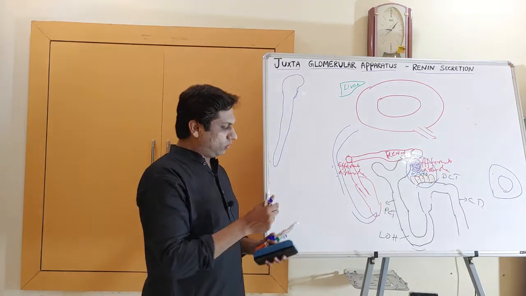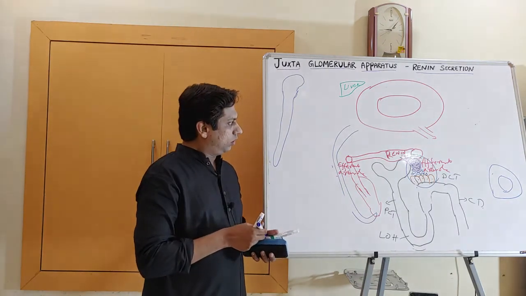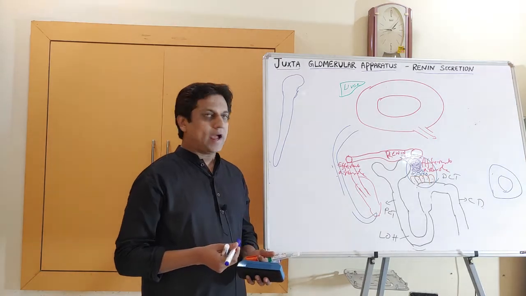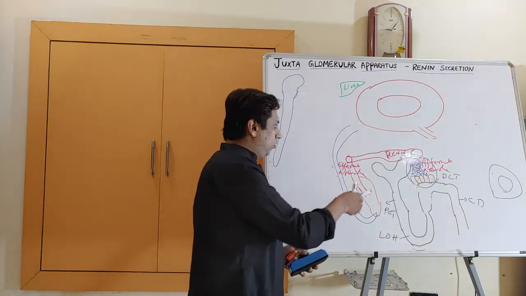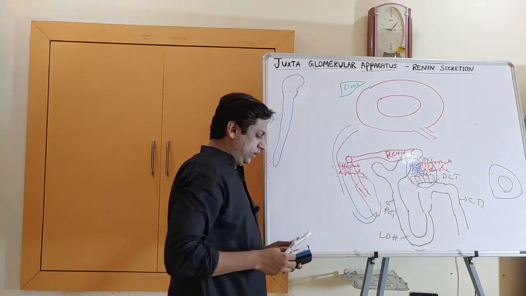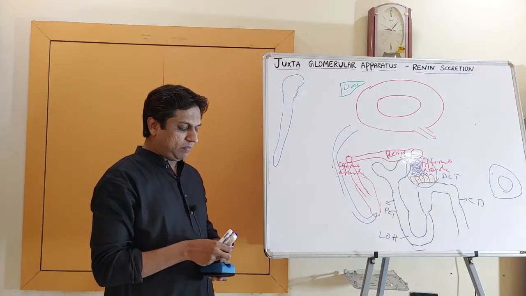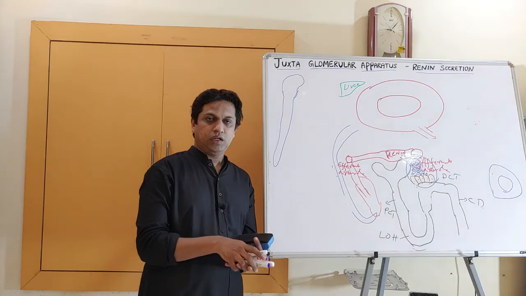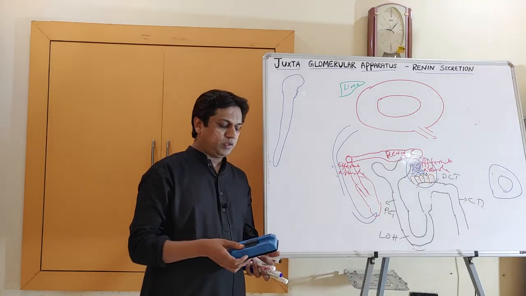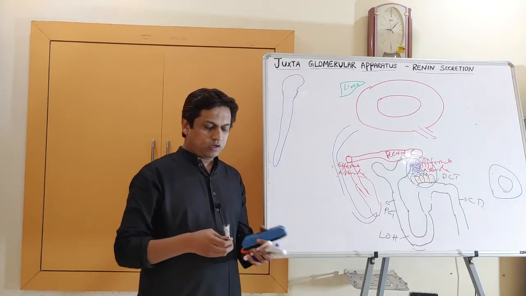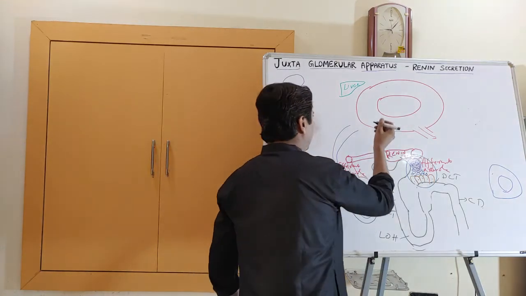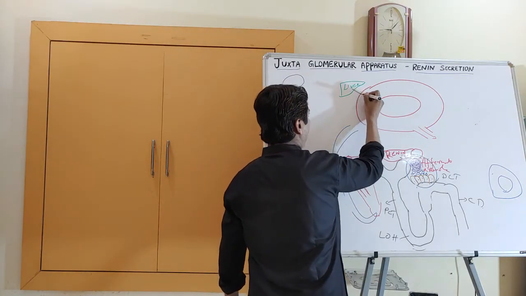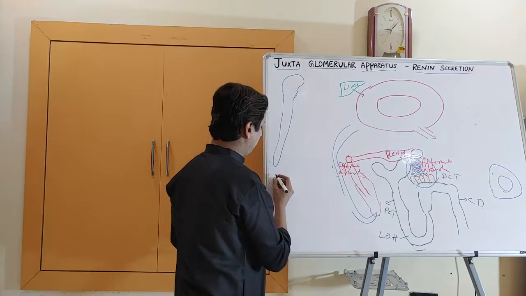Now how is this blood pressure restored? The liver will secrete one chemical, basically an alpha globulin. The liver produces many plasma proteins, and one of them is an alpha globulin known as angiotensinogen.